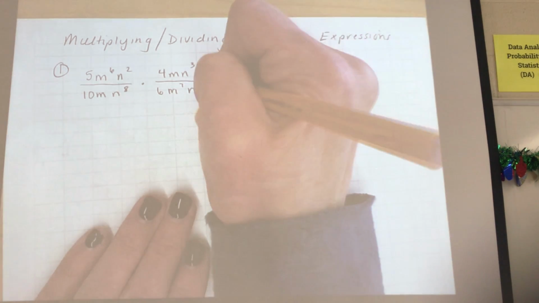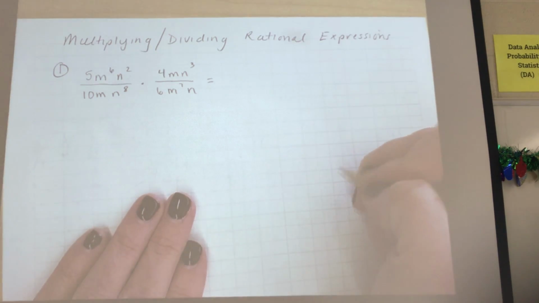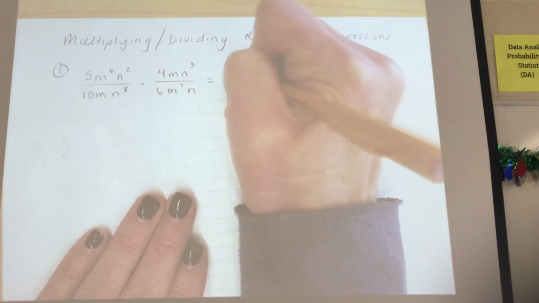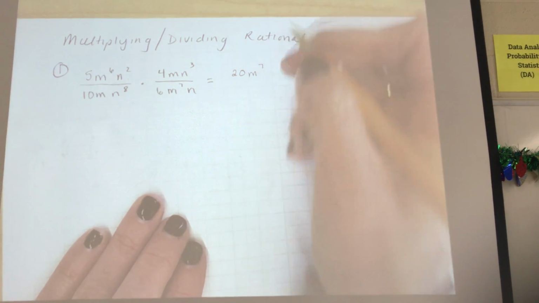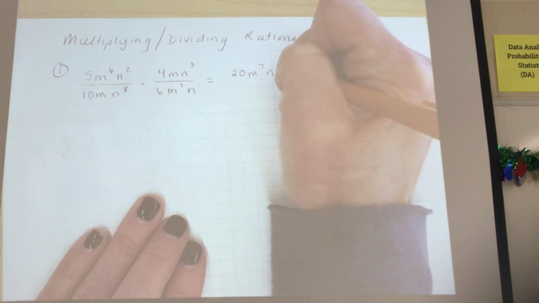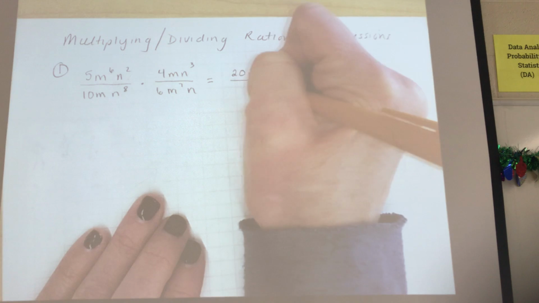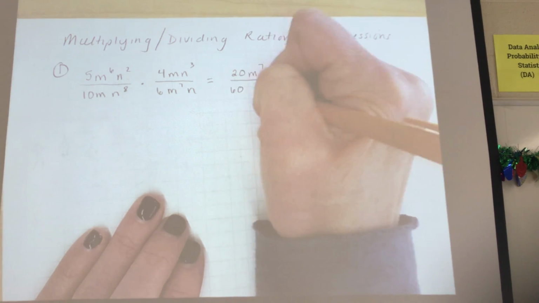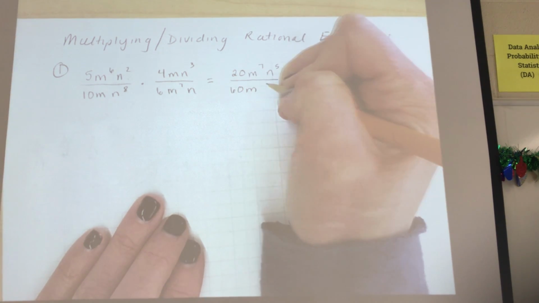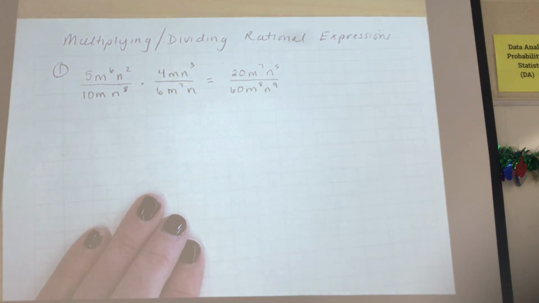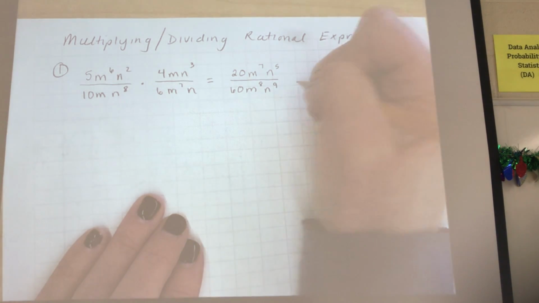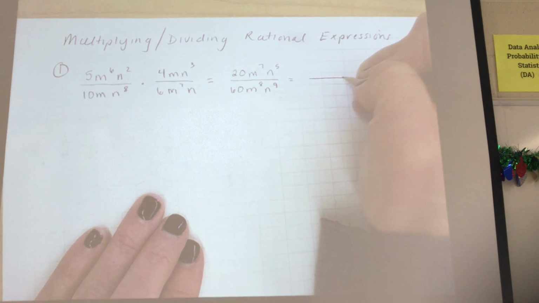I'm going to go ahead and multiply directly across here. So I've got 20, 6 plus 1 will give me m to the 7th, and 3 plus 2 is n to the 5th, over 60, m to the 8th, n to the 9th. Now, clearly this thing needs to be simplified, so I will do so.